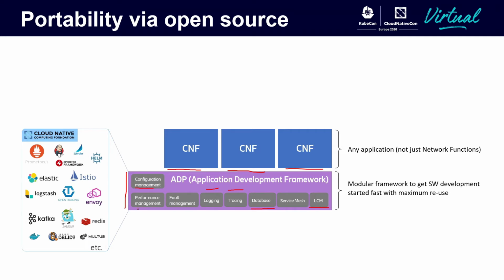Configuration management, performance management, and fault management, these are very traditional, typical telco things. I need to be able to configure my network, so I can set up the necessary interfaces and timers and behavior of the network. Performance management is basically monitoring, looking at all the KPIs and making sure my system is operating perfectly.